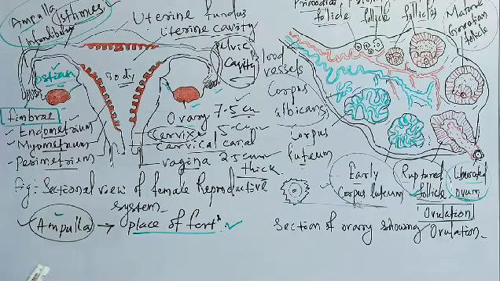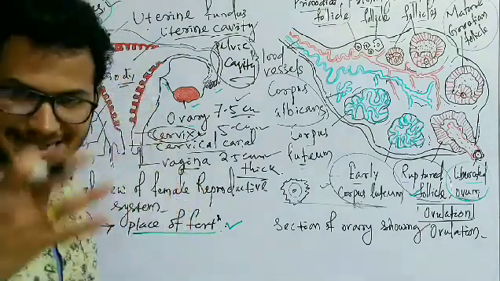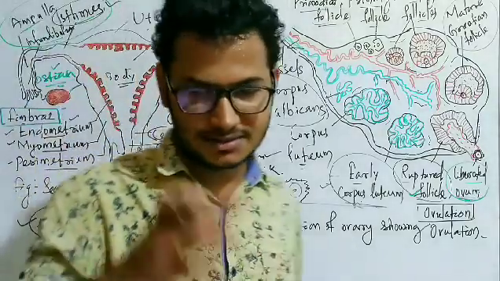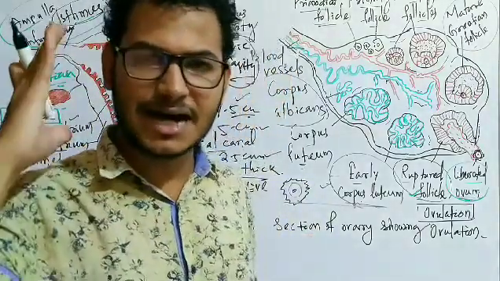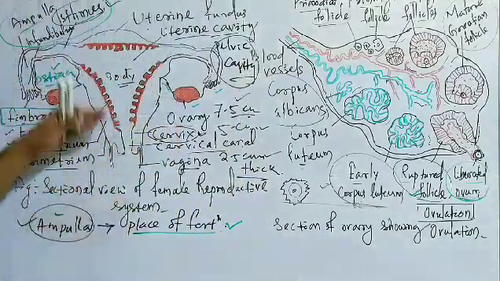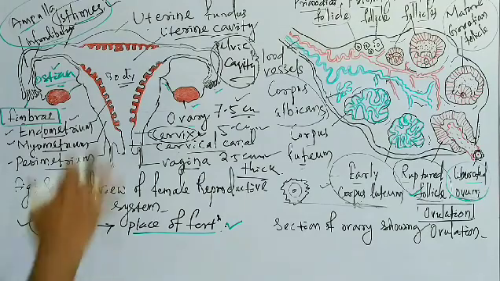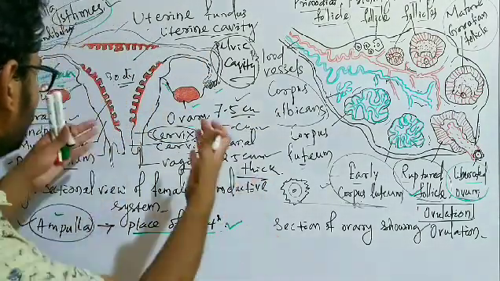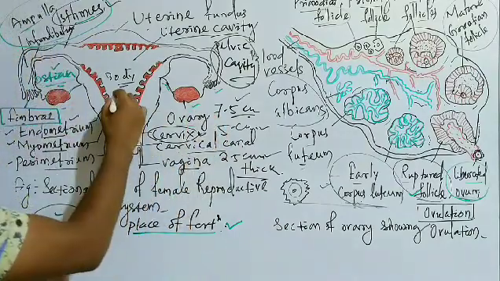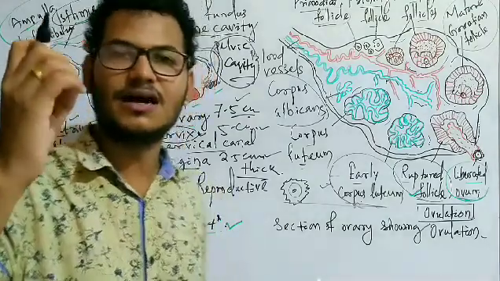The zygote, after being developed, gets implanted in the inner wall of the uterus, grows and develops there, and after its maturation it comes out. So it is the place of accommodation for the fertilized ovum till childbirth.